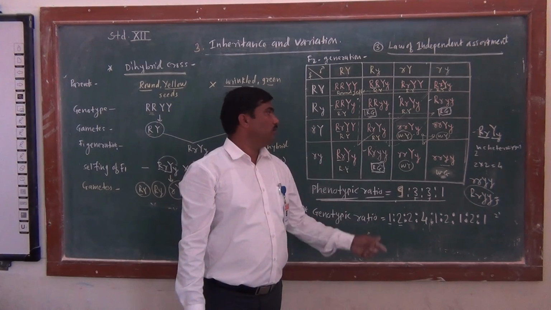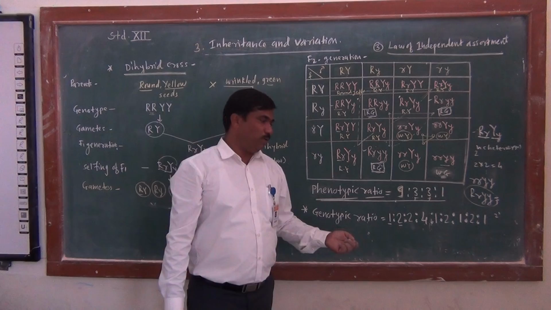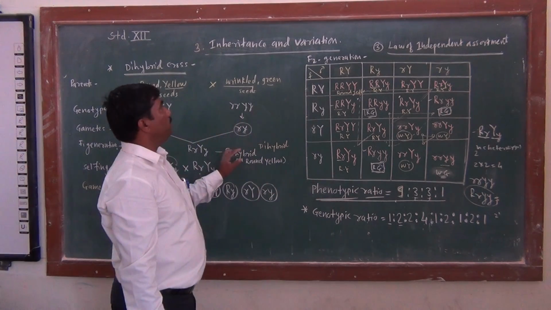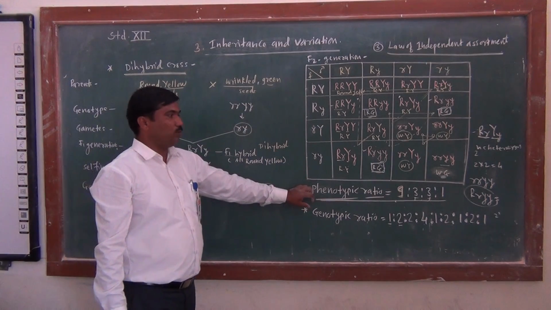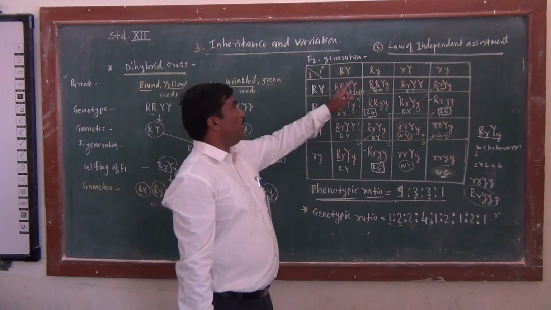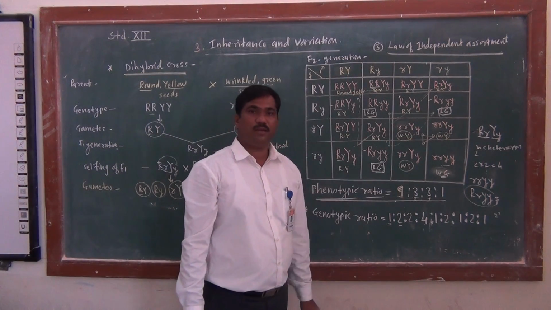Use this trick to solve such problems. I think you understand the dihybrid cross, the phenotypic ratio, which is important, and the law of independent assortment.